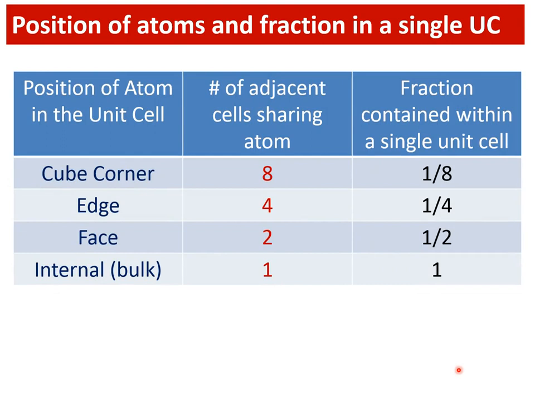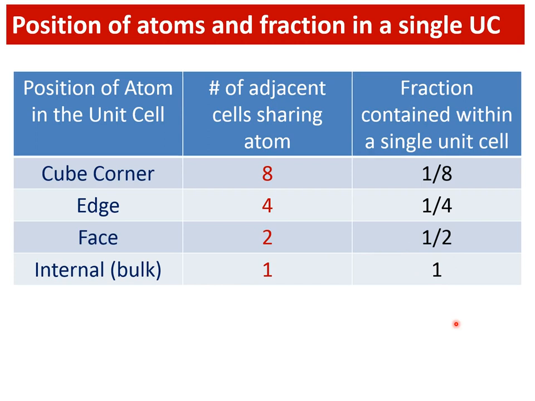For the edge, we have 4 atoms sharing, so each will contribute 1/4. For atoms at the face, the number of sharing cells is 2, so each will contribute half. For the bulk, every single atom contributes one atom completely to every unit cell.